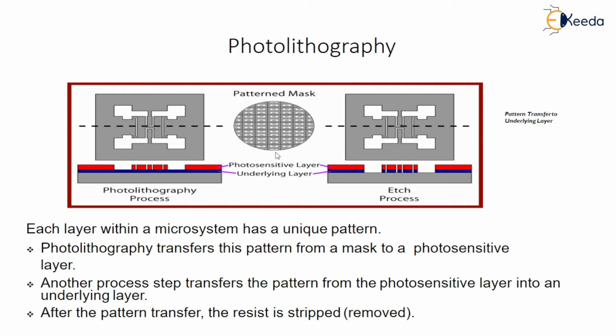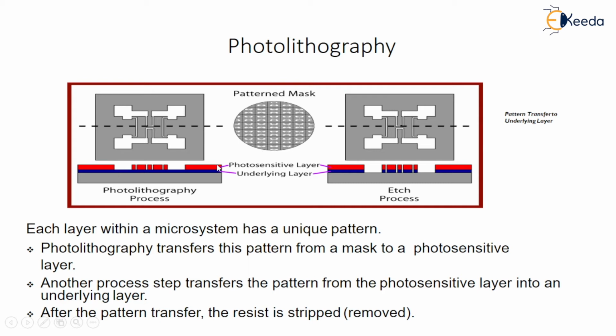So the pattern is transferred from the mask to the photosensitive layer, the red layer, and another process step transfers the pattern from the photosensitive layer into the underlying layer.